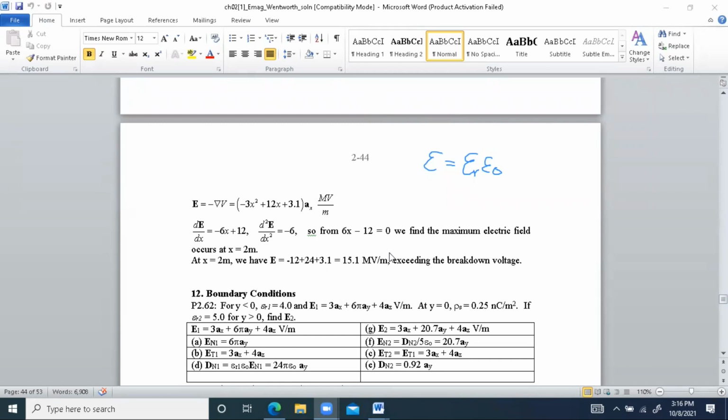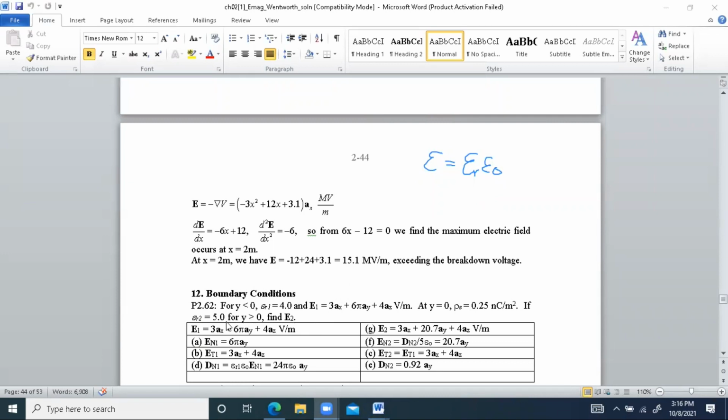Which is 8.854 times 10 to the minus 12, or 36 pi over something. That's a constant. E naught is a constant.